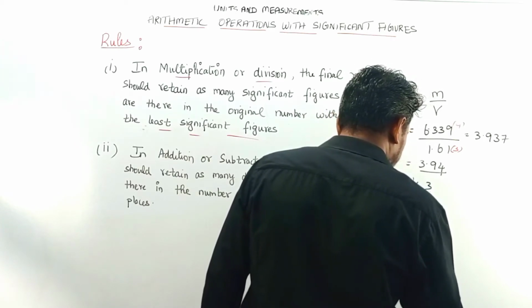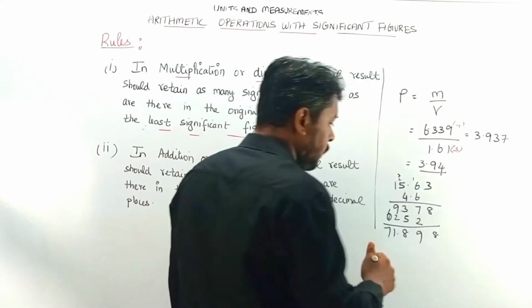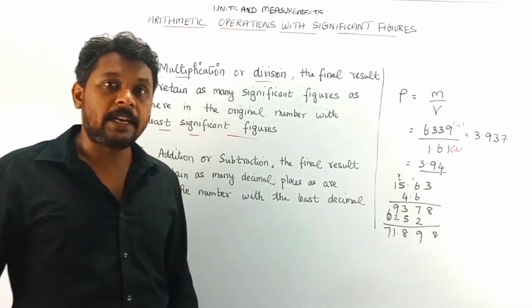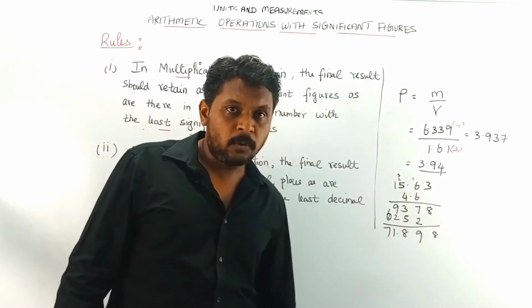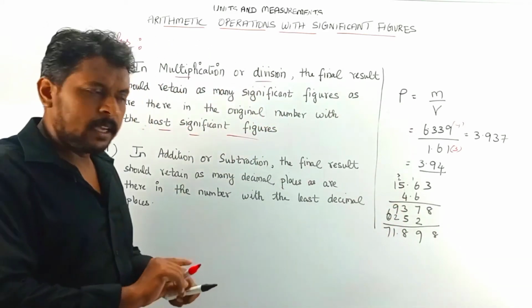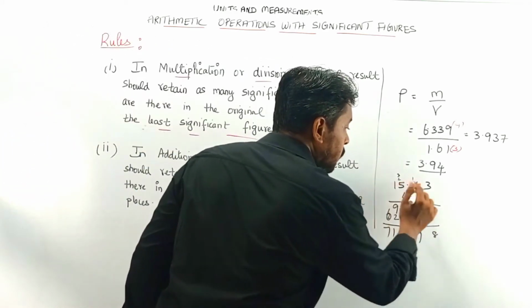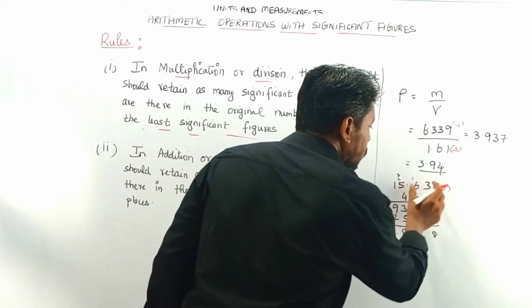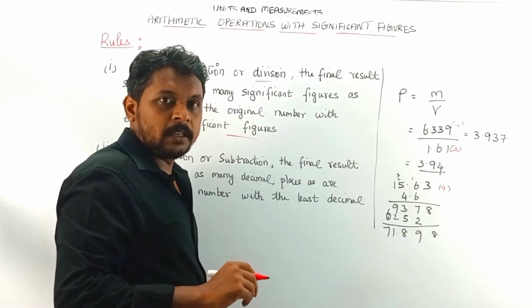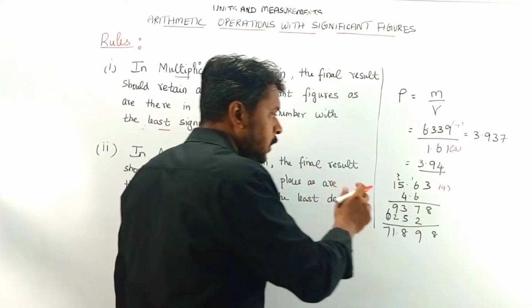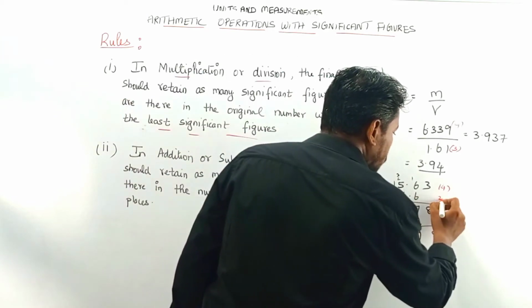I am getting the answer as 71.898. If I multiply these two numbers, the significant figures of the first number are 4. I have 4 significant digits in it, and here I have 2, the digits 4 and 6.